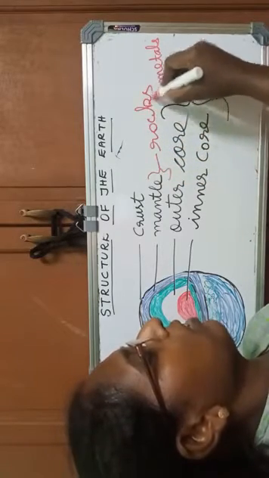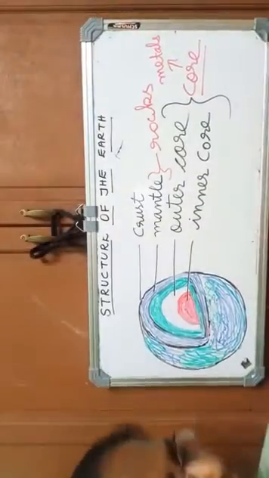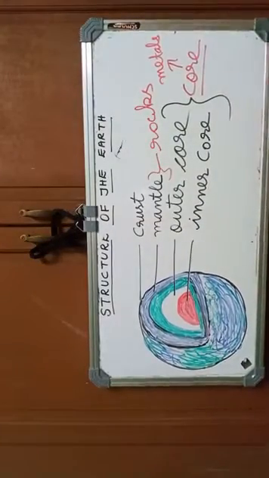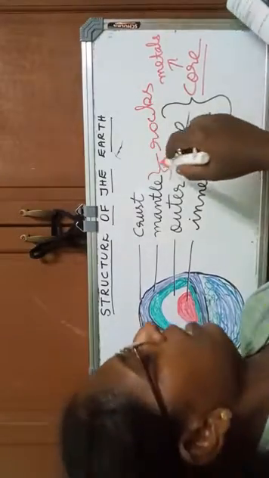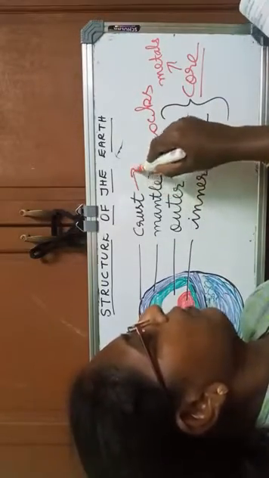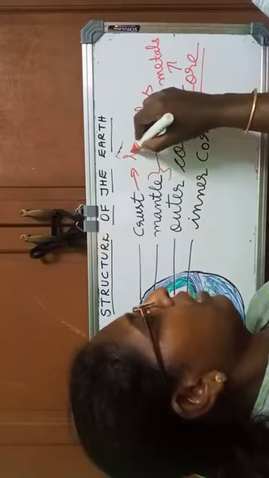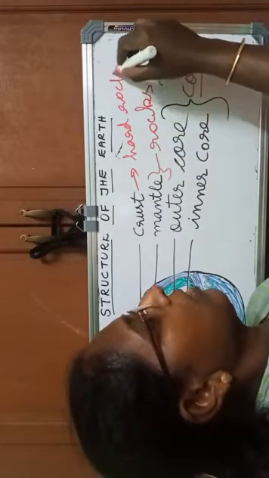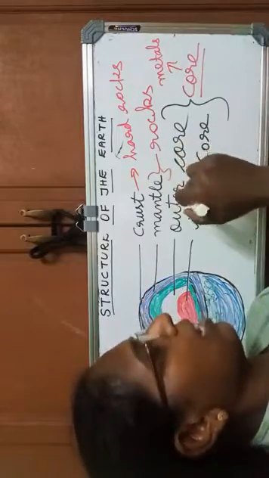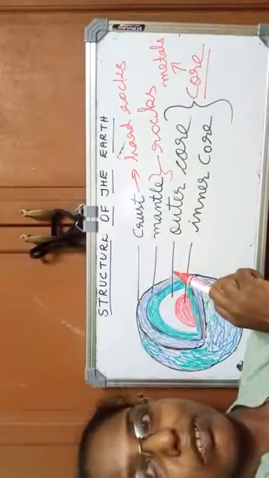Soft rocks. Next, the outer shell of hard rocks is called crust. This crust is somewhat hard and made of hard rocks. So there are 3 layers.